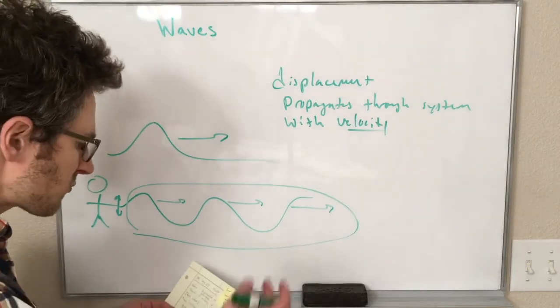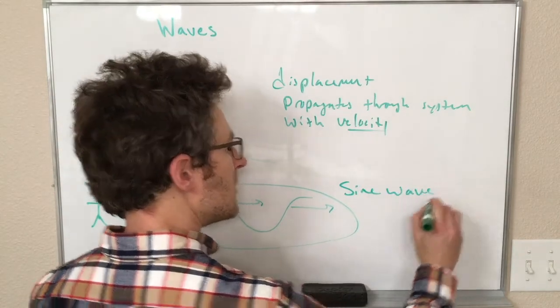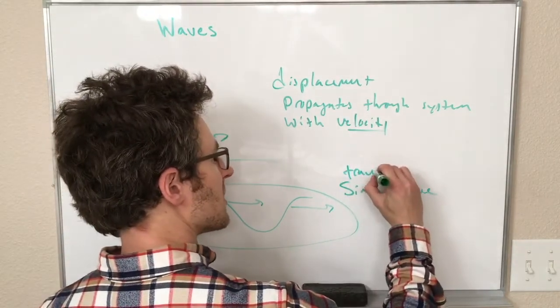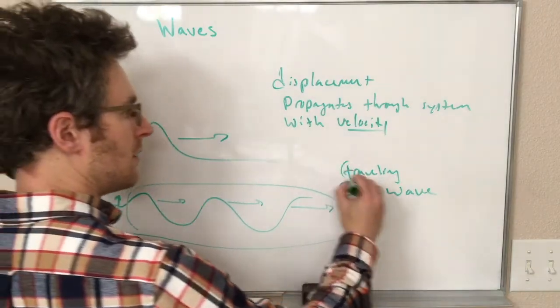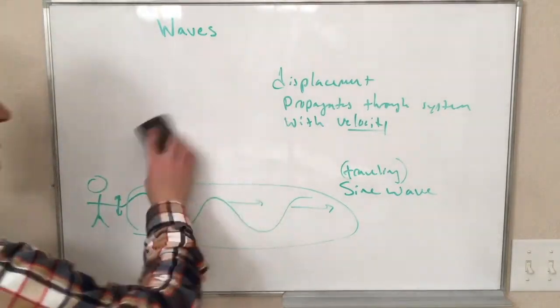So this is a sine wave, and in particular we'll call this a traveling sine wave because it is moving to the right. We will learn about waves that are not traveling later on in this course. Okay, so our waves are these sine waves that we're going to talk about first.